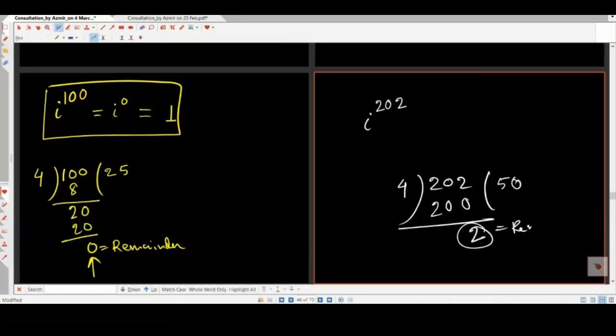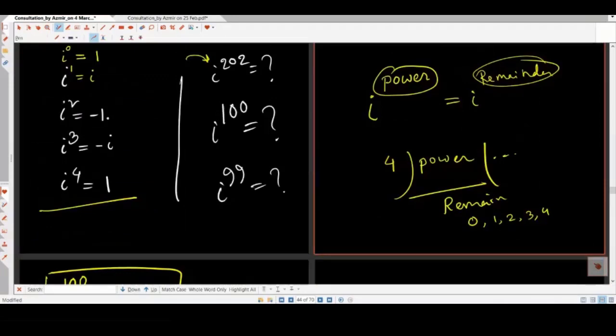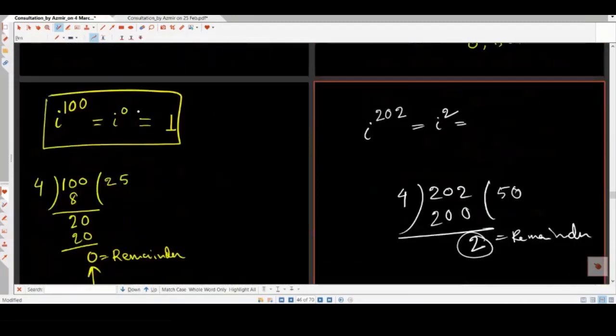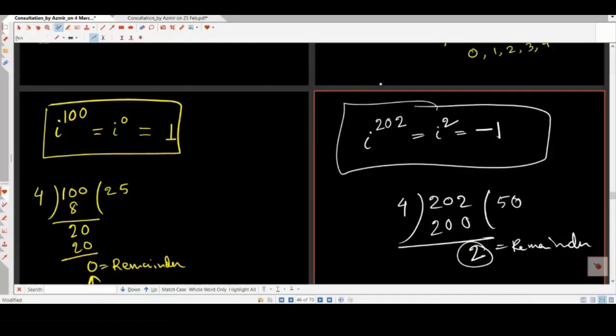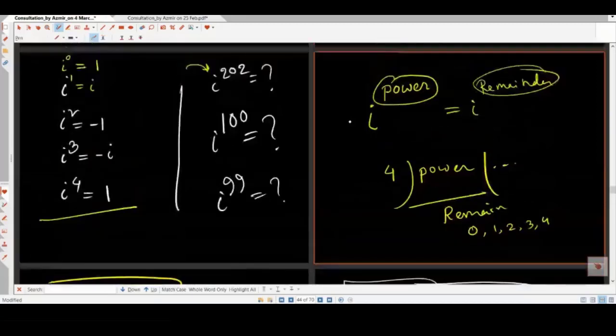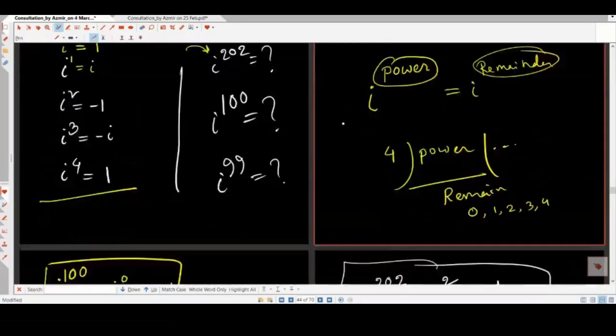So i power 202 is i squared. You know i squared is -1. So this is how we can find the powers of i if the power is an integer.